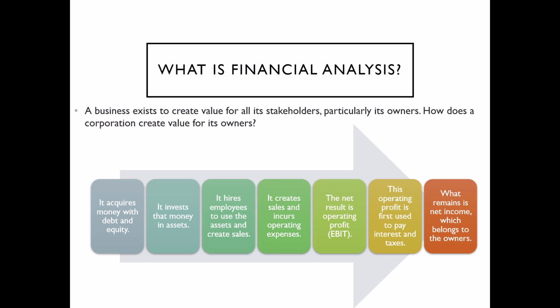Everybody has expenses, but how well are they doing with that? And then the result is the operating profit. Then they're going to pay interest and taxes, and the rest of it, as we know, is the retained earnings. And as a stockholder, those retained earnings are helpful in evaluating how well the company is doing with our asset, meaning our investment with that company.